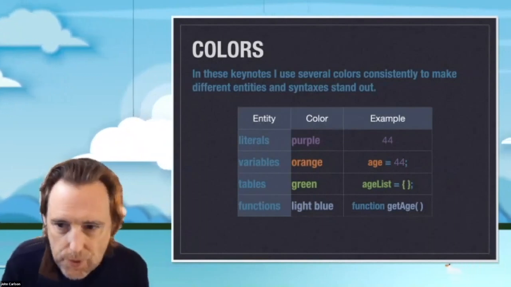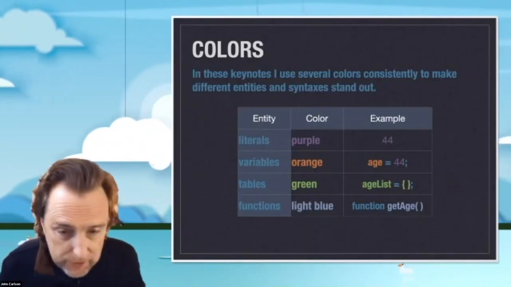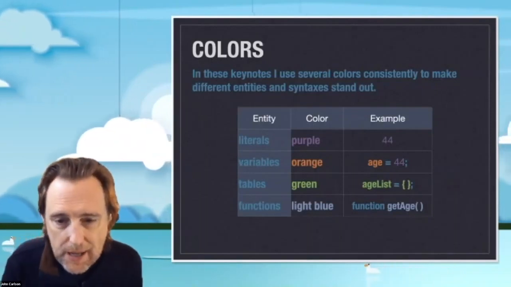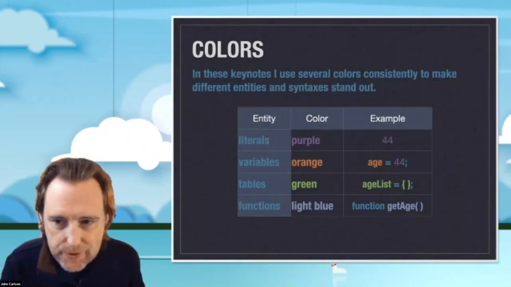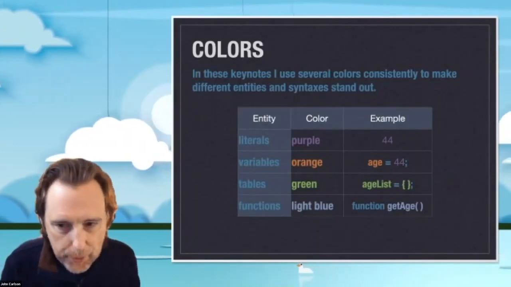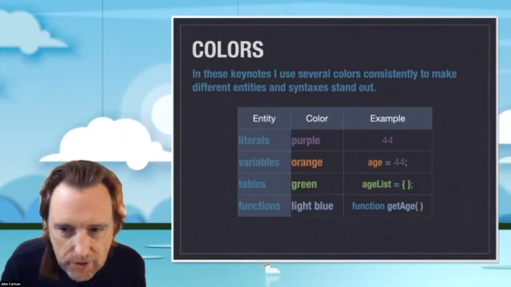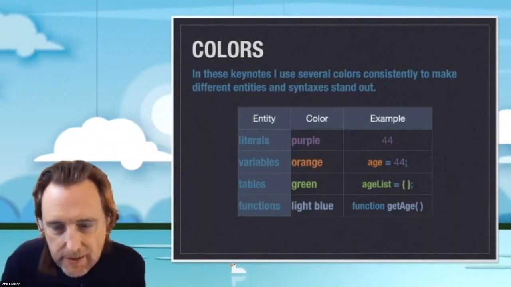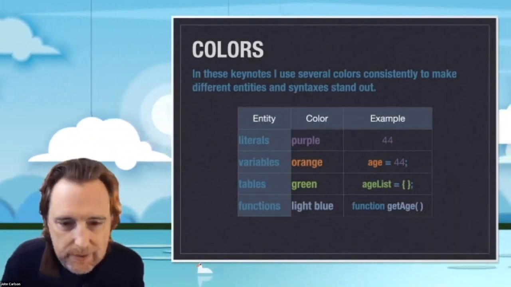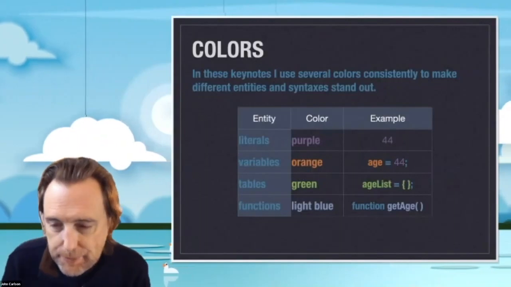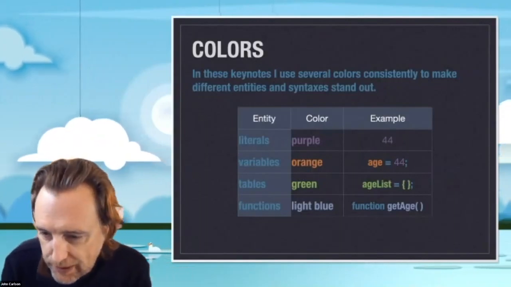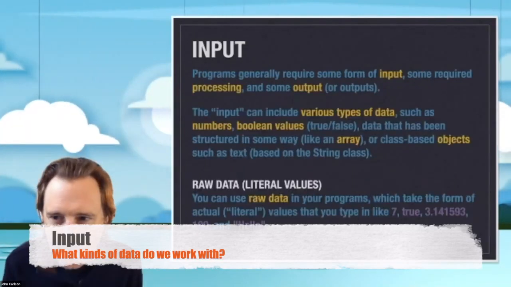Purple I use for what we're going to call literal values, which are actual raw data like numbers. Variables will be orange, tables will be green, and functions will be light blue, except obviously where I've overlooked the coloring. All right.